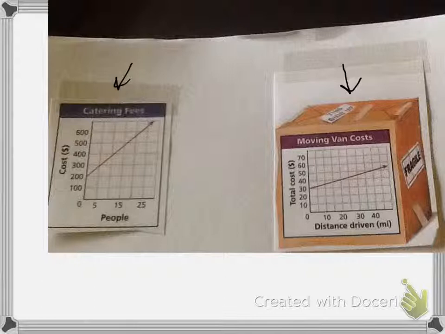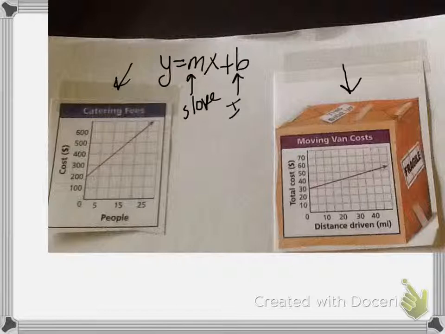So on the catering fees, I know that I want both equations in y equals mx plus b form. That's slope-intercept form. Oops, I should say y-intercept. Okay, so I'm going to go y equals, and the y-intercept is easy to find on this.